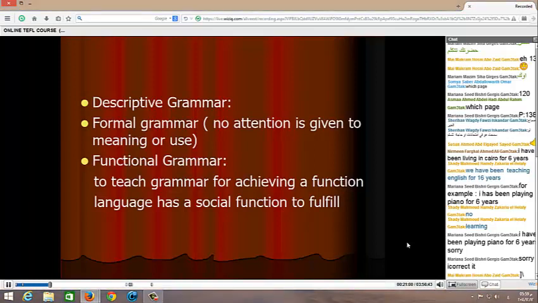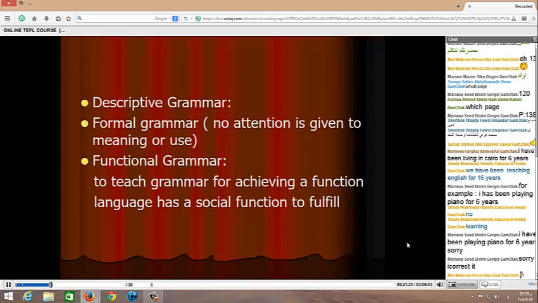Thank you. So descriptive grammar, this is what the grammar translation method was emphasizing. That was what the audiolingual method had been emphasizing in its teaching of grammar.